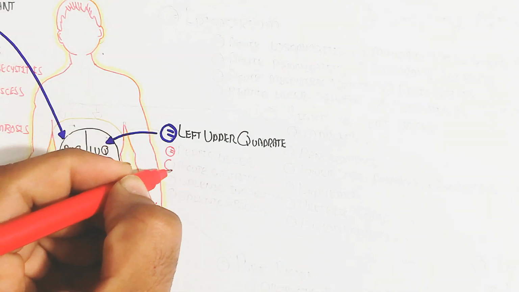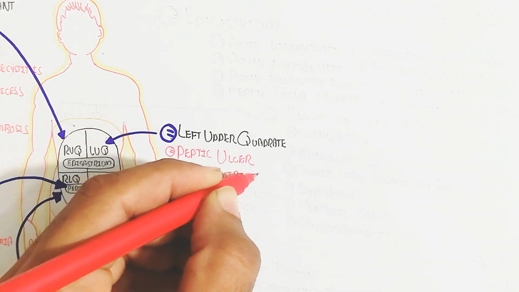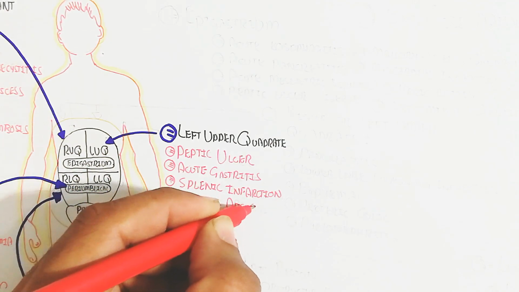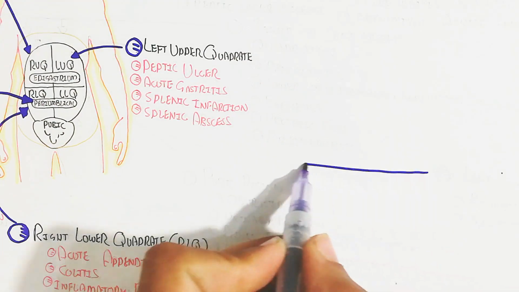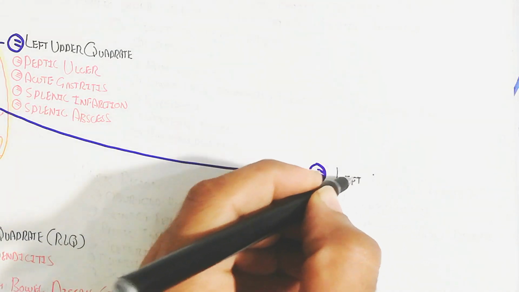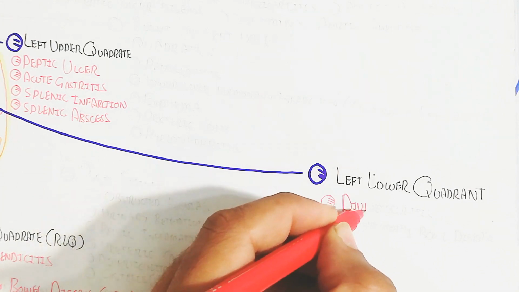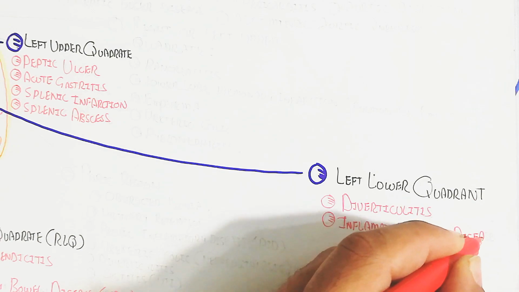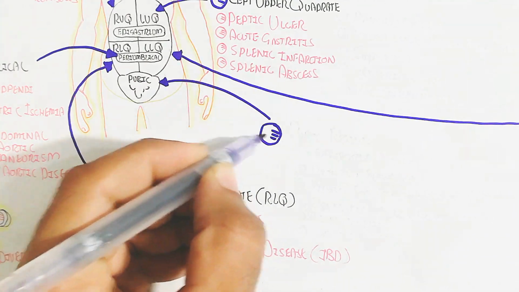The left upper quadrant involves peptic ulcer, acute gastritis, splenic infarction and splenic abscess. The left lower quadrant involves diverticulitis and inflammatory bowel disease. We will discuss diverticulitis and inflammatory bowel disease in the next video.